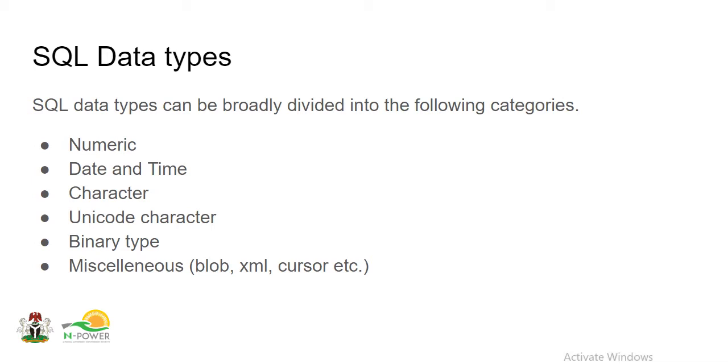Examples of the binary types are as follows: binary, varbinary, etc. And lastly, we also have some data types which I'll group as miscellaneous. Examples of the miscellaneous data types are CLOB, BLOB, XML, and cursor.